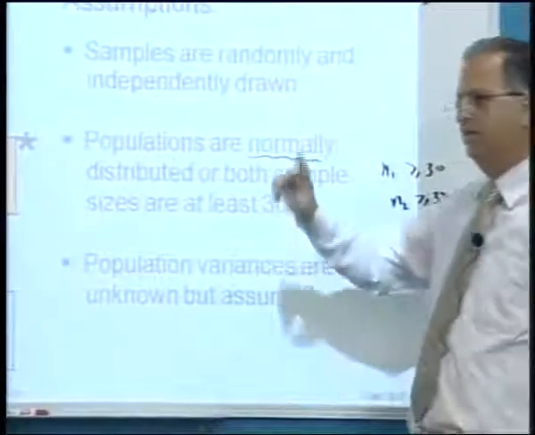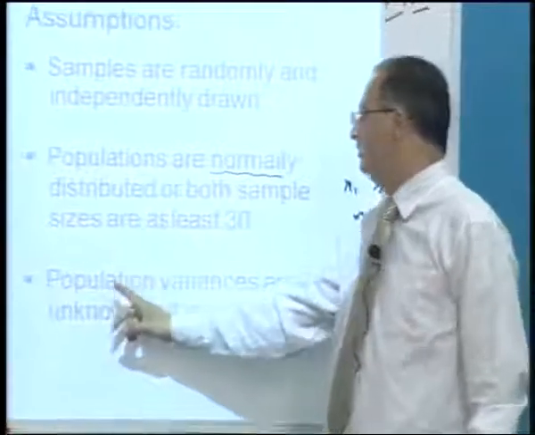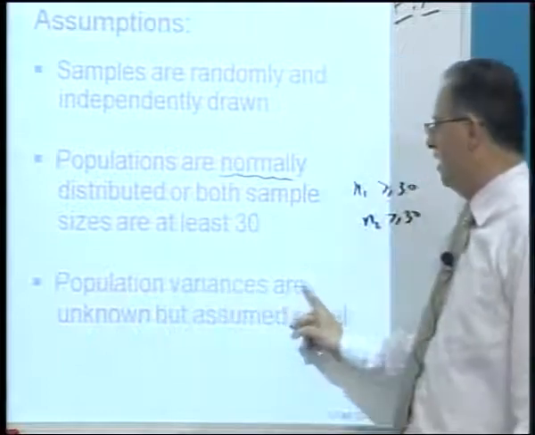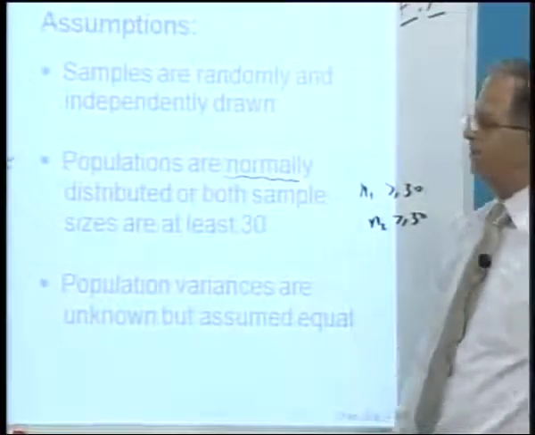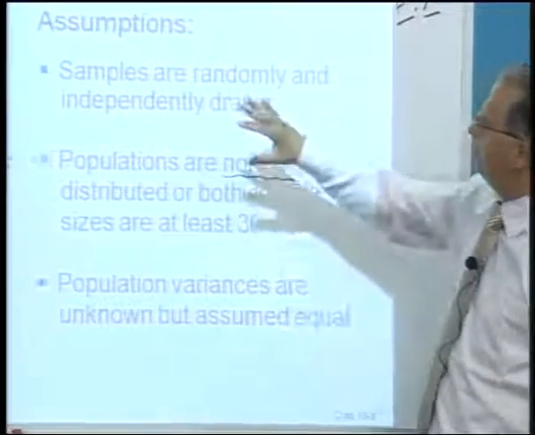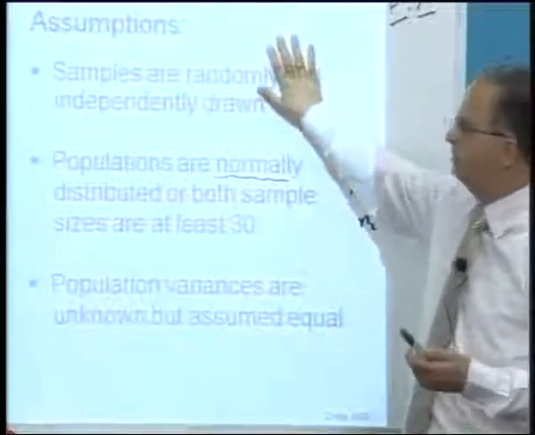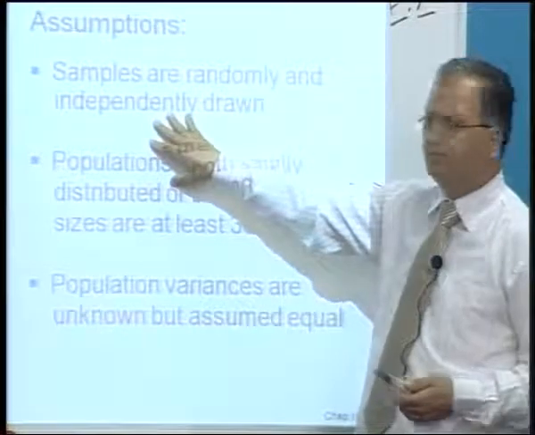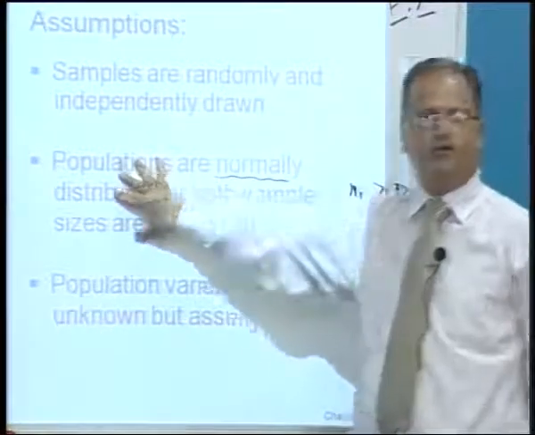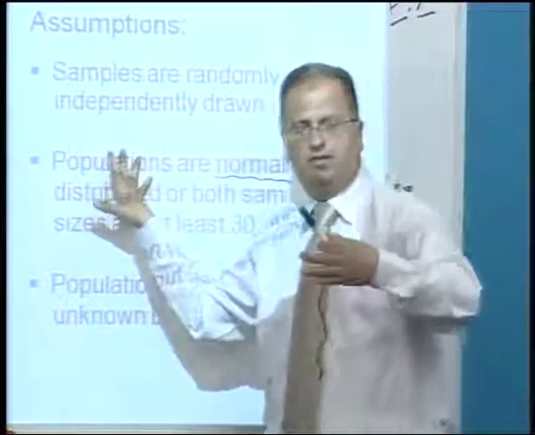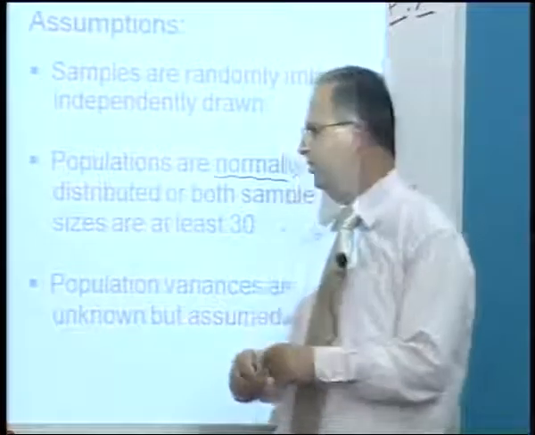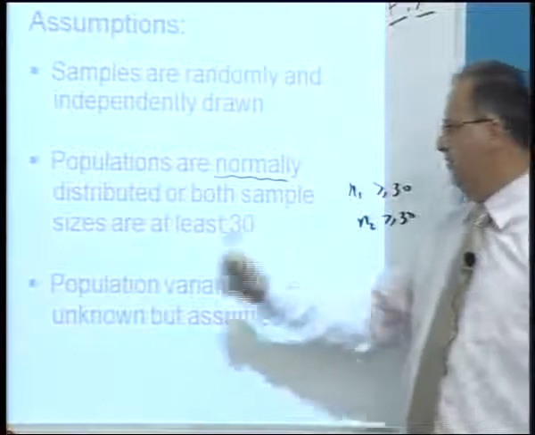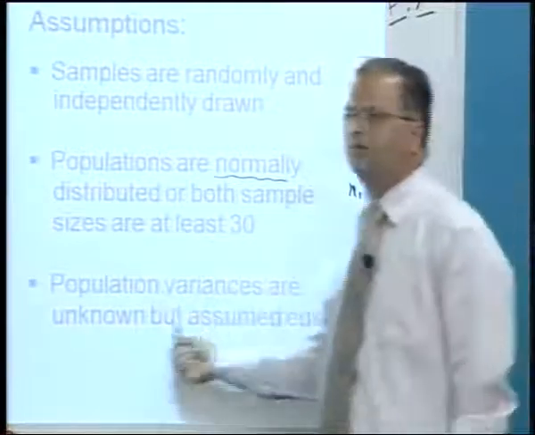In addition to that, we have to assume that population variances are unknown, but we assume they are equal. So the assumptions are: samples are randomly selected and independent, populations are normally distributed or the sample sizes are large enough in order to apply the central limit theorem, and population variances are unknown but assumed to be equal.